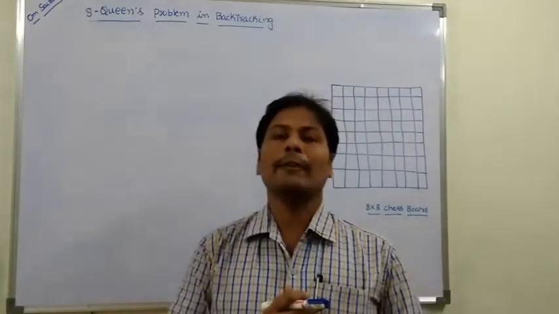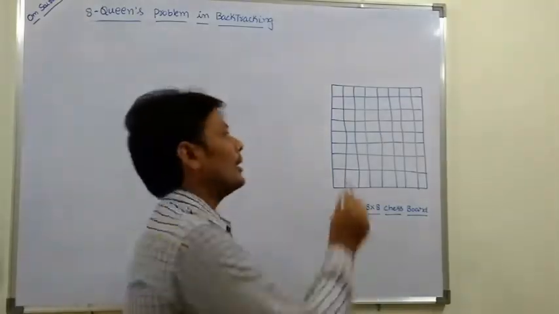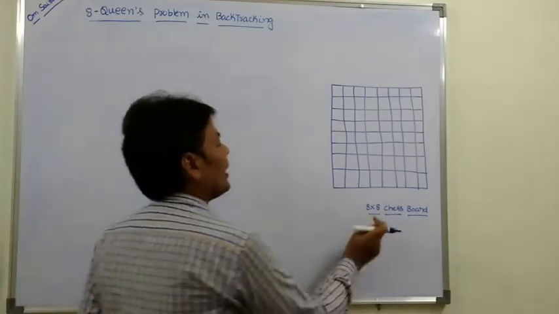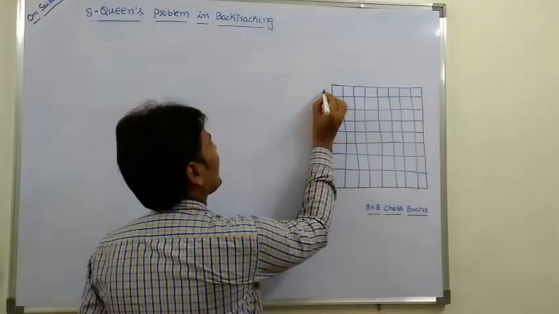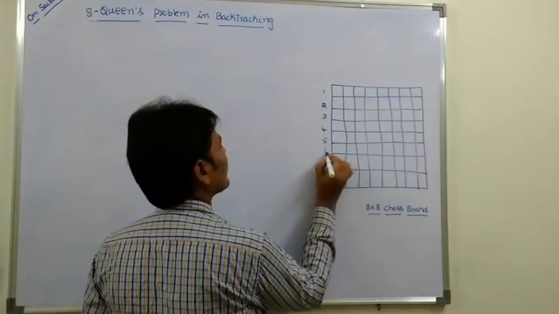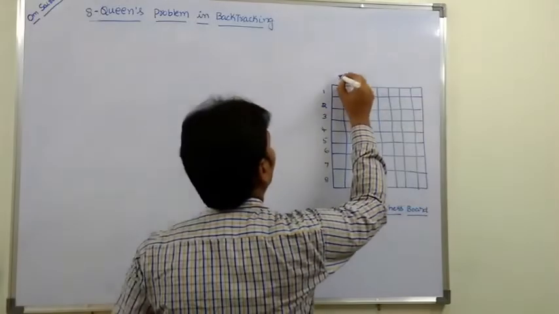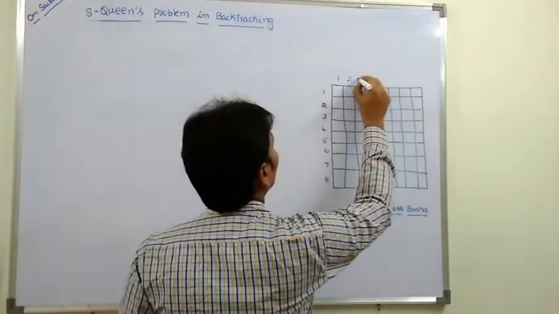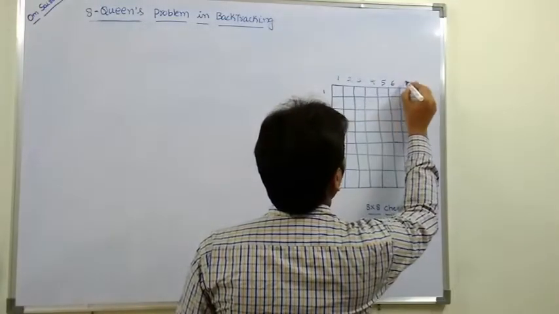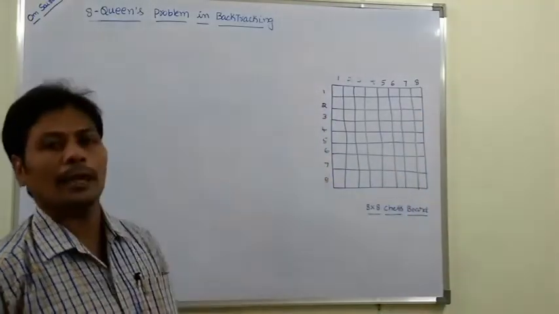In the 8 queens problem, we have to place 8 queens on an 8 by 8 chessboard. In the 8 by 8 chessboard, the rows can be numbered from 1 to 8.